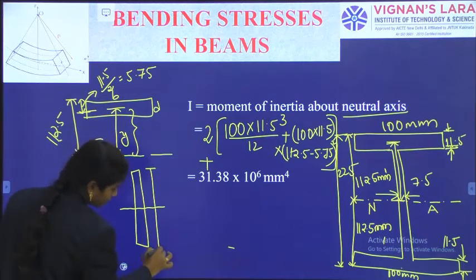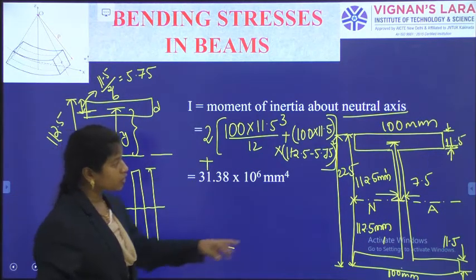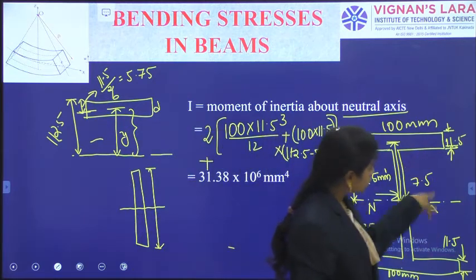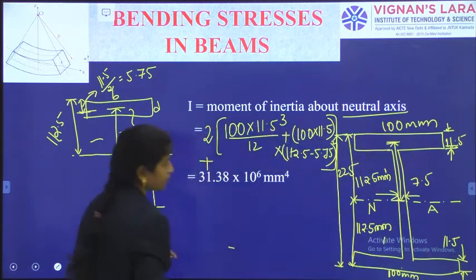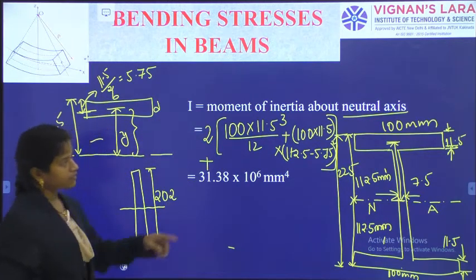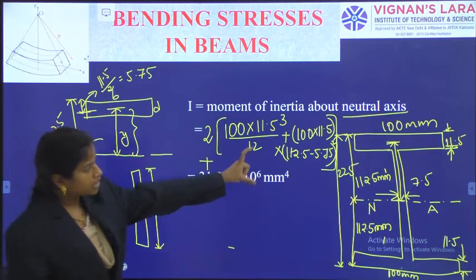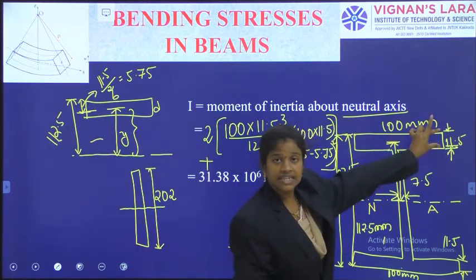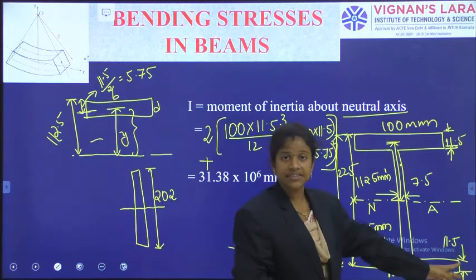web will be equal to, as we already know, the total depth is 225, and the flange thicknesses are 11.5 and 11.5, so 23. As the total depth we have is 225, the top flange thickness is 11.5 and the bottom flange thickness is 11.5.